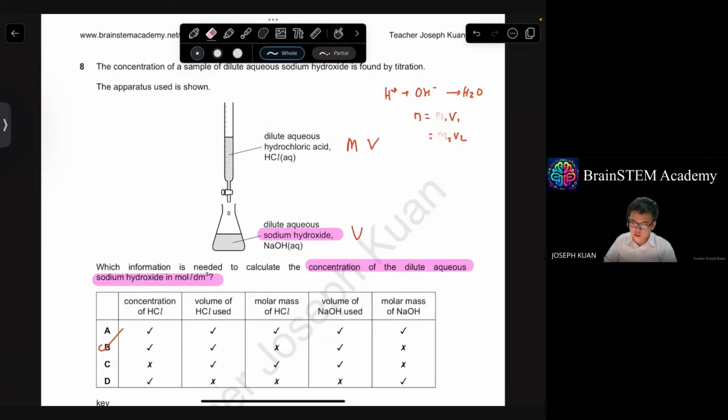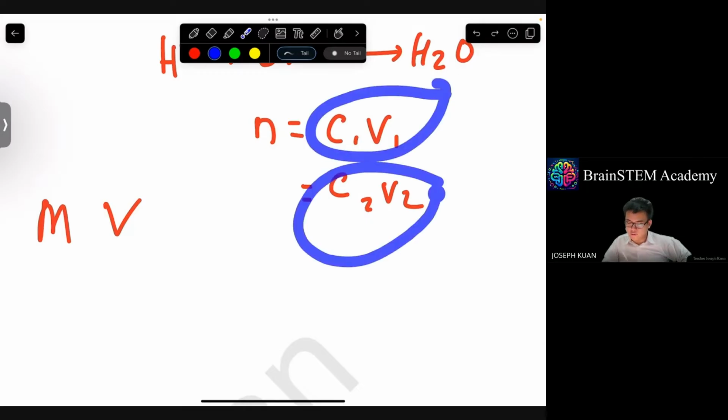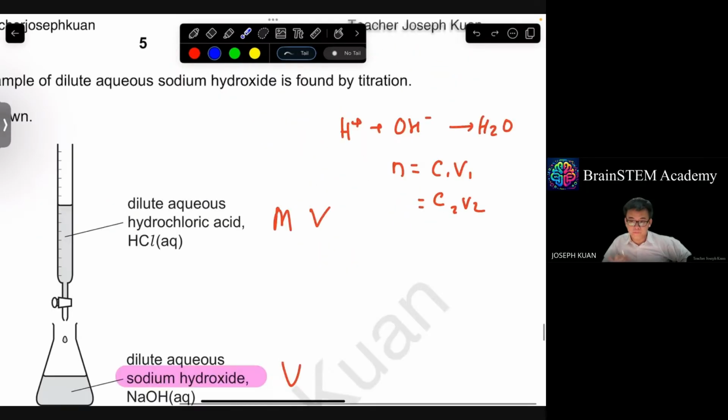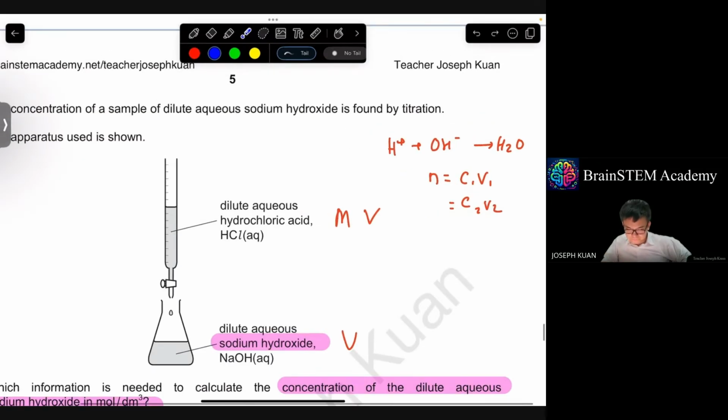So we have to know the concentration of one of the solutions, the volume of one of the solutions, and then the volume of the second solution. Because this is an equation already, to figure out the last unknown, we must know the 3 other values. That's the idea behind it.